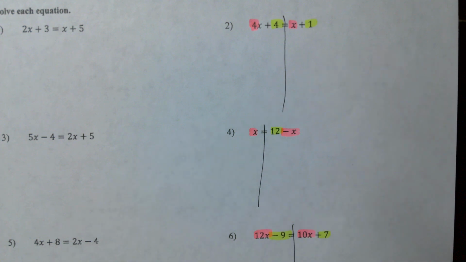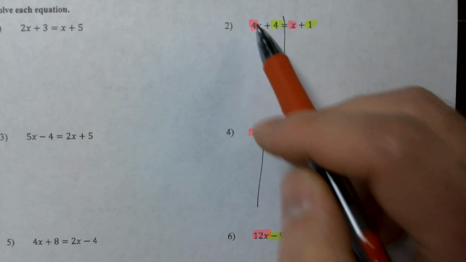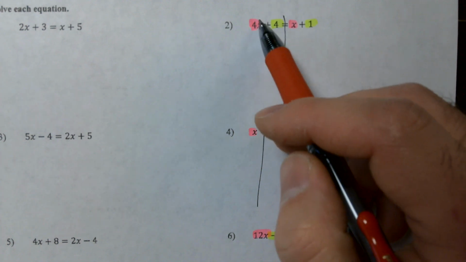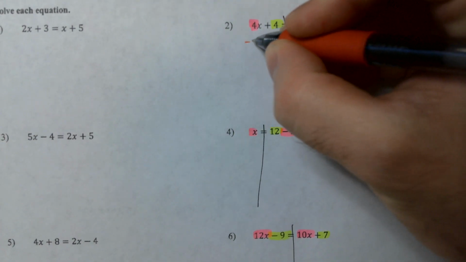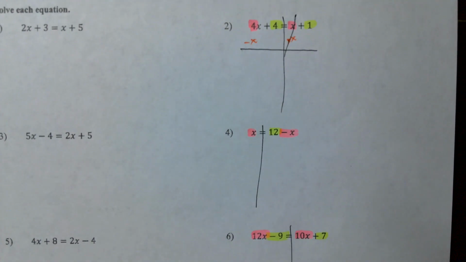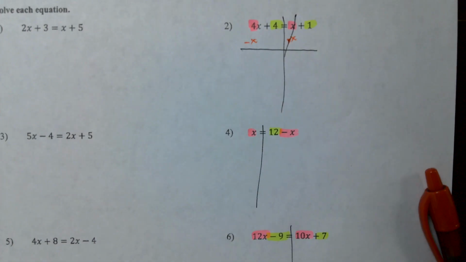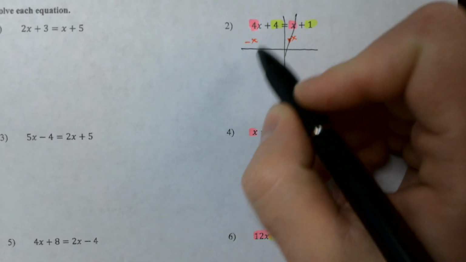In number 2, what's the first thing I want to do? I want to bring my variable terms over to the left. So how can I get this x over to the other side? Minus x. Now 4x minus x, what number is really in front of this x that we just don't see?